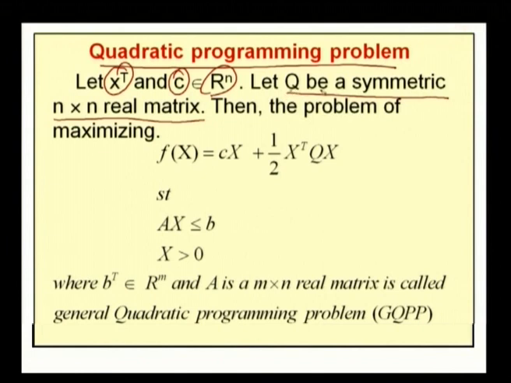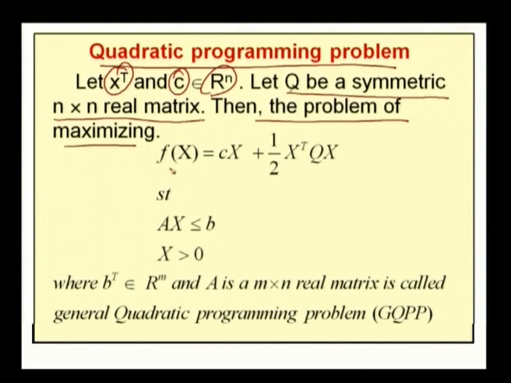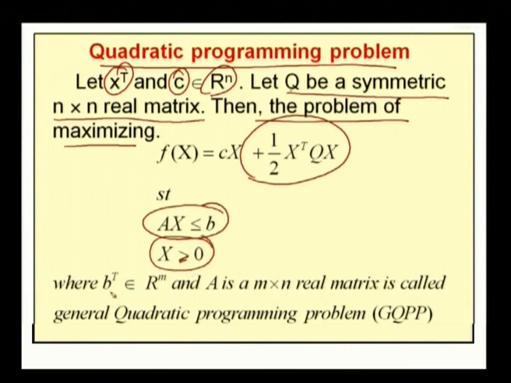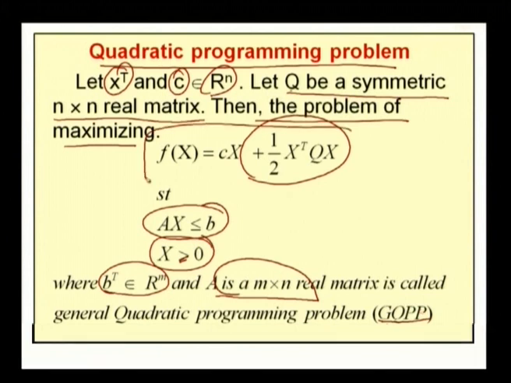Then the problem of maximizing f of x equal to c x plus x transpose Q x, subject to the constraints A x less than or equal to b and x greater than or equal to 0, where b transpose belongs to R power m and A is an m cross n real matrix, is called the general quadratic programming problem, simply called GQPP.